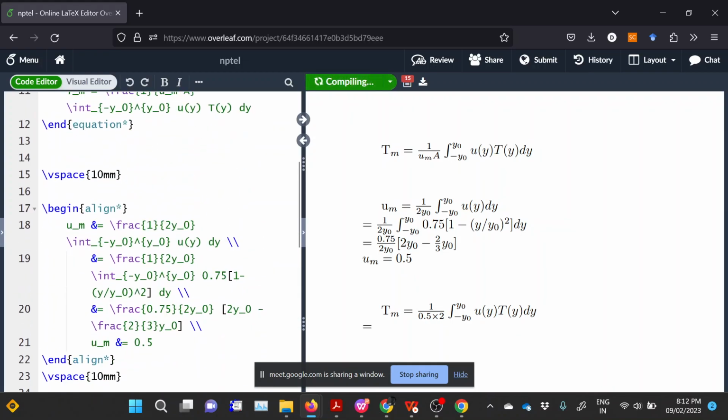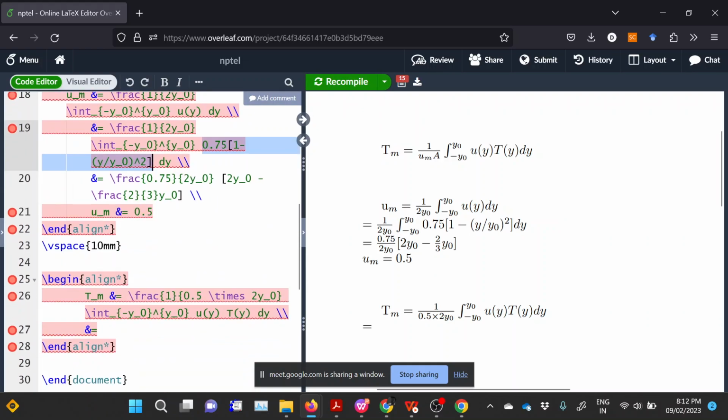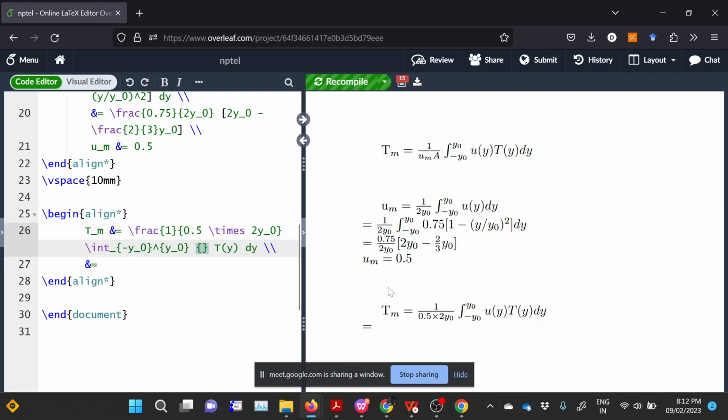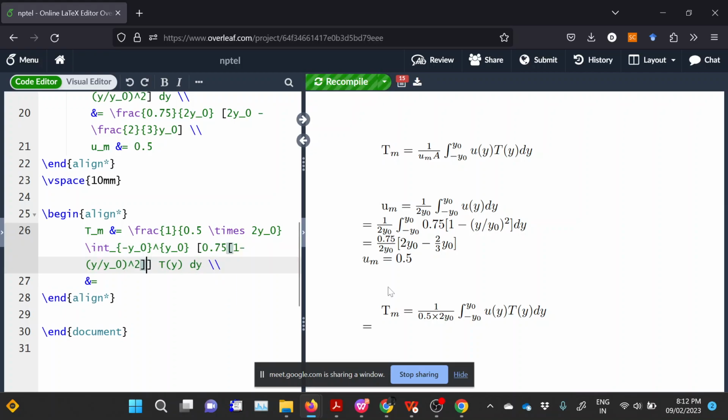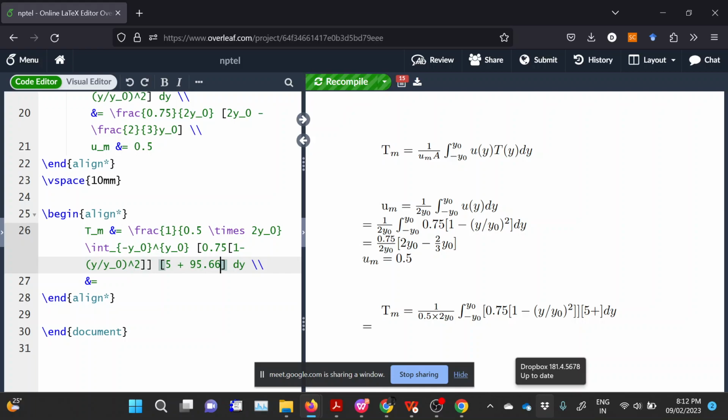We know the functional form of u, which is 0.75 into this thing, so that we will be replacing with this, and Ty also has a functional form which was given in the question as 5 plus 95.66 into y by y0 squared.